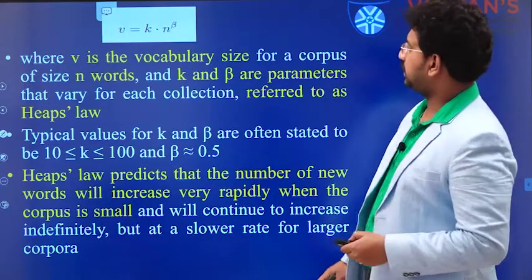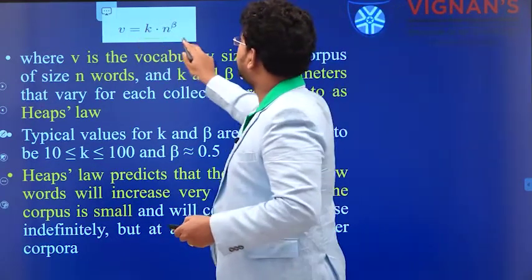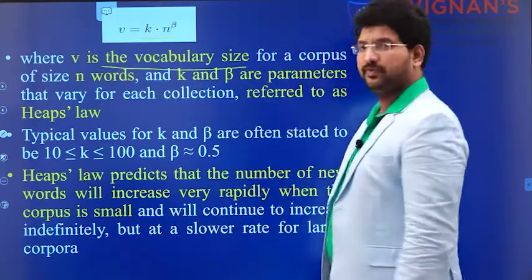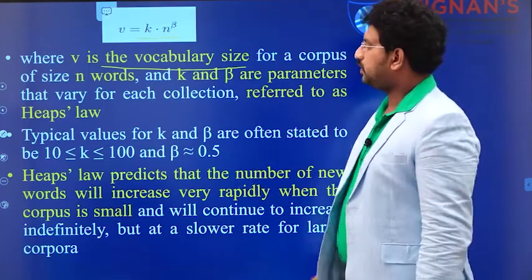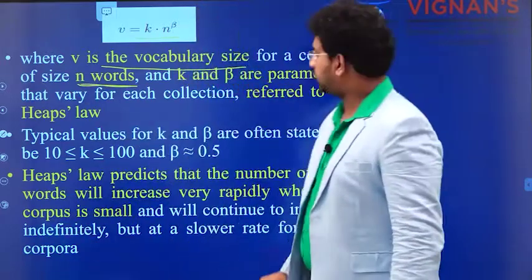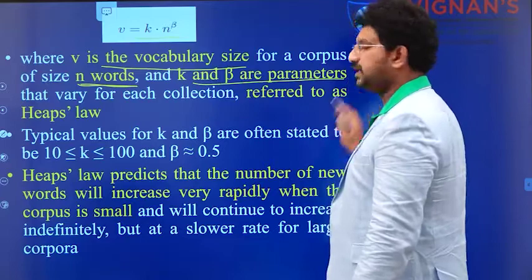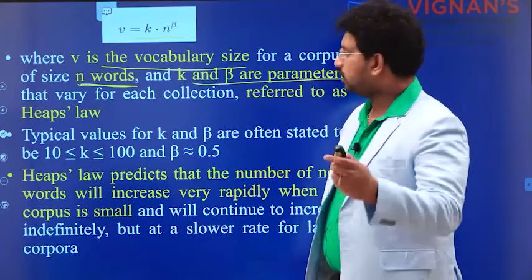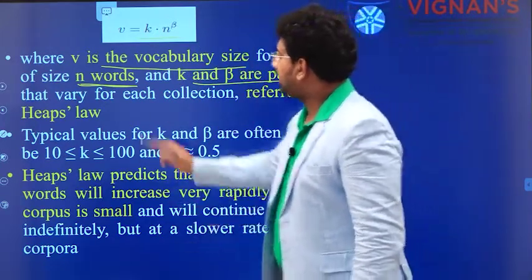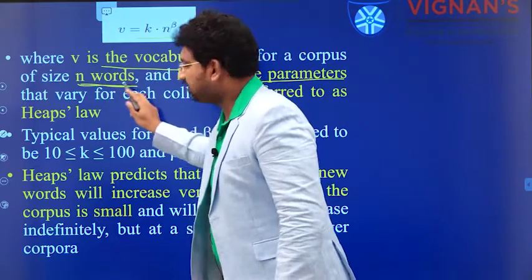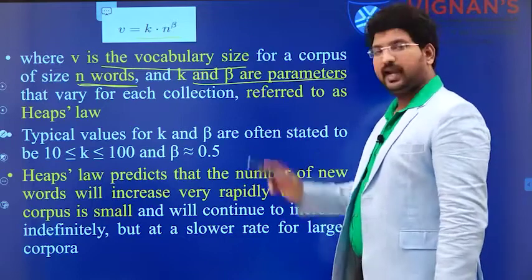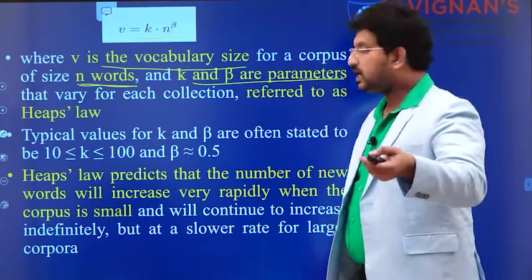As you observe, here is an equation: V equals K times N to the power beta, where V is the vocabulary size for a corpus of size n words, a corpus consisting of n words, and K and beta are parameters that vary for each collection.